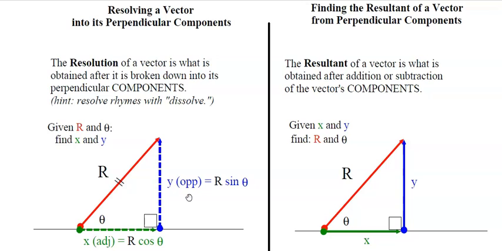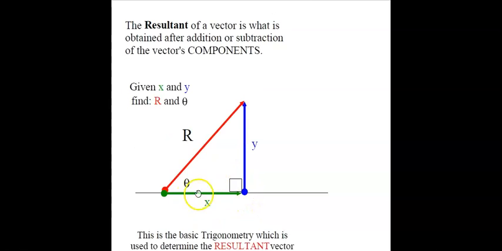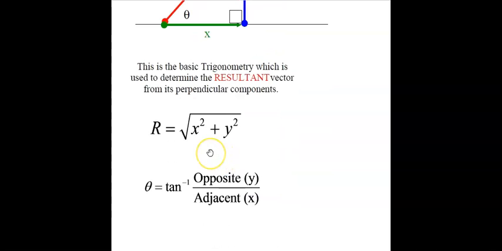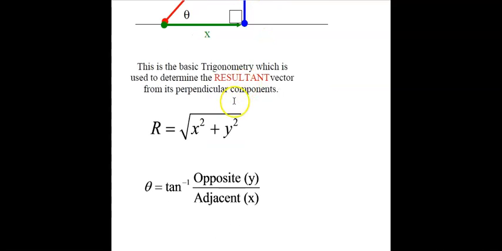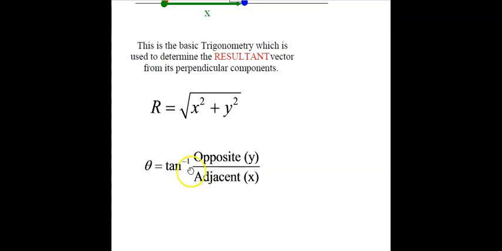Let's take a look at the trigonometry. It is very simple because it is the trigonometry of a right triangle. If I want to find the resultant of a vector from perpendicular components, this green and this blue, we should recall that green is on the x, blue is on the y, and we would be looking at the Pythagorean theorem. X squared plus y squared equals the red resultant. And, of course, the angle that exists between the hypotenuse and the base angle, in this case the x component, would be equal to the arctan, opposite over adjacent.